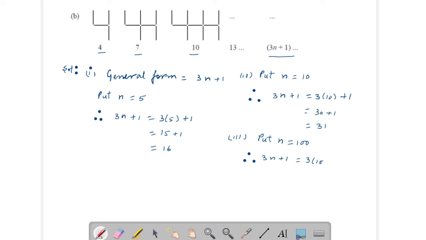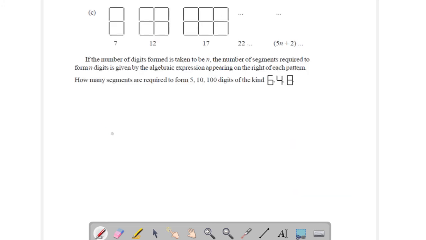In place of n, write down 100, plus 1. Open the bracket, 3 into 100, 300, plus 1 equal to 301. This is your answer.